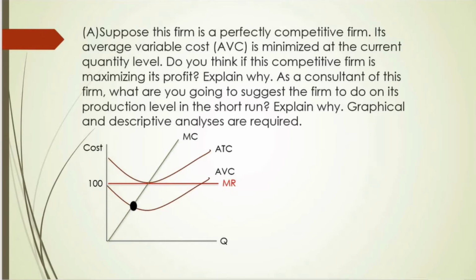But in this case, the quantity produced, which is at the minimum average variable cost, has marginal cost less than the marginal revenue. So if the firm wants to maximize its profit, it should increase its quantity produced up to the horizontal line, which is also the marginal revenue.